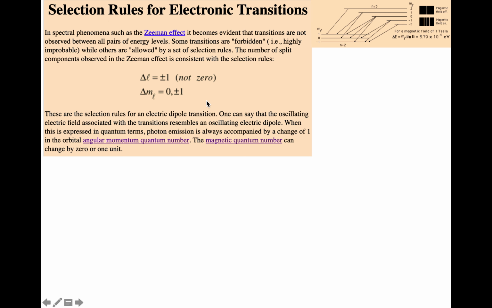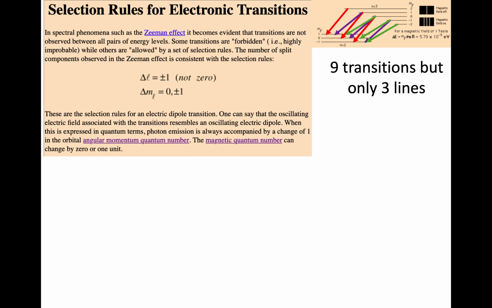In this case, we see the selection rules, or the conditions that have to be met when we're looking at these electronic transitions. If we look at the ones that then take place, even though we have a lot of lines, all three of these are equivalent. So even though within this picture there's 9 different transitions shown, we only end up with 3 spectral lines.